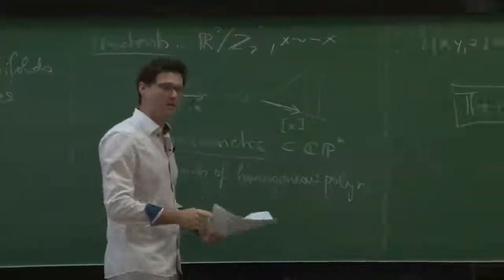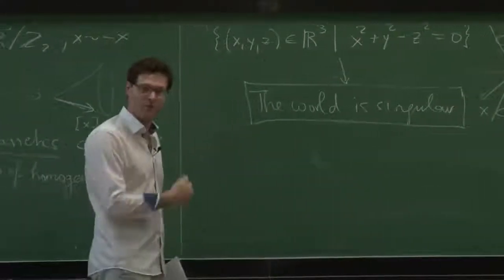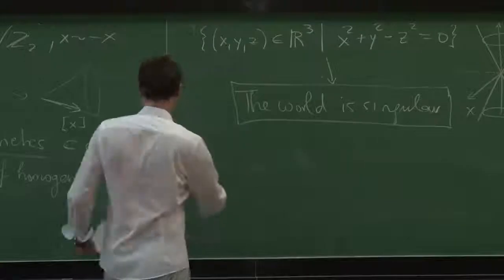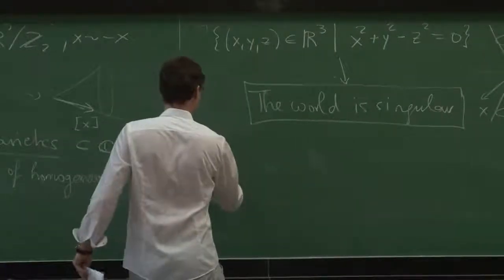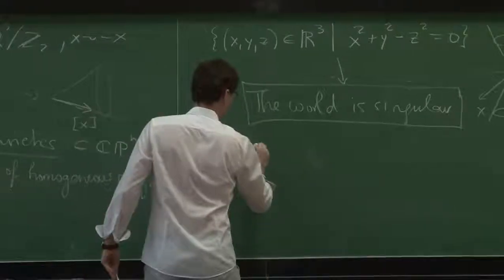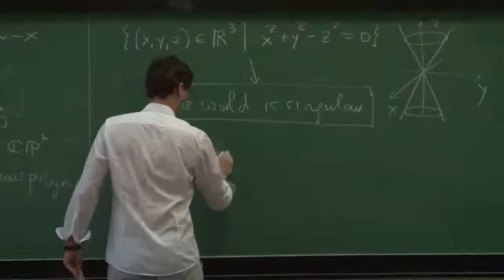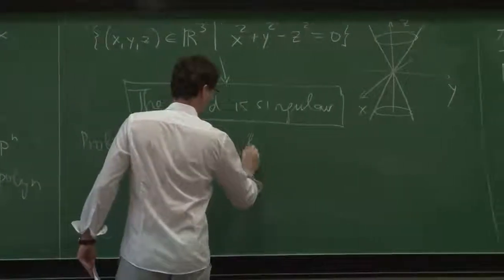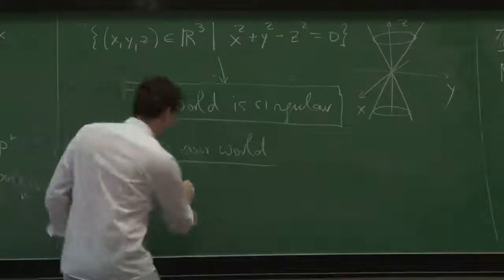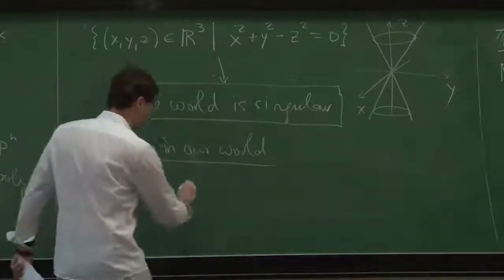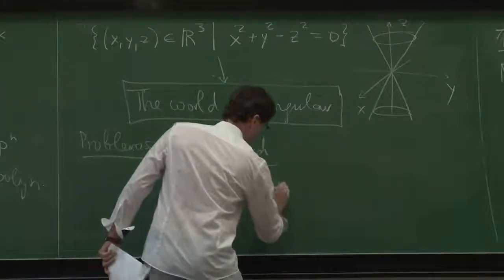Okay, so what are the problems in the singular world? We all know our world is full of problems. I'll list some of them. Problems on singular manifolds, or in our world. One of them is poverty, and very close after that comes the fact that the Ricci flow need not exist.